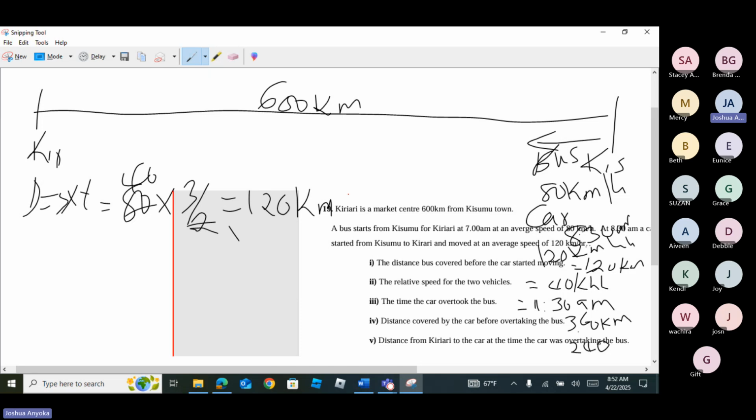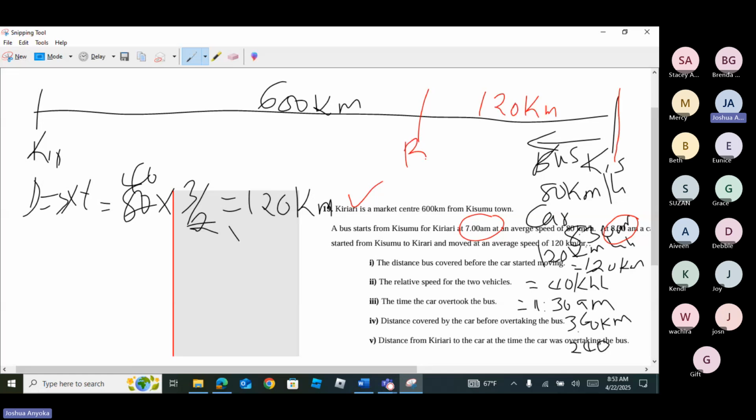Beth, that one we are in agreement. It is 7 to 8:30, which gives us 1 hour 30 minutes. So in the 1 hour 30 minutes, the bus has moved 120 kilometers.